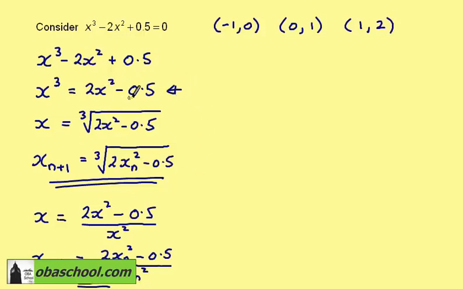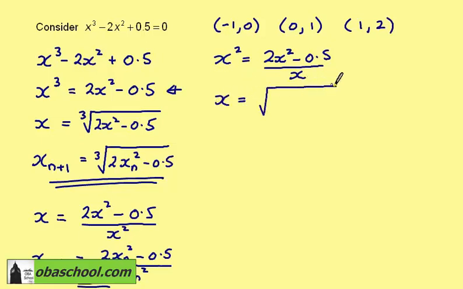Starting again from this same point, we could, instead of dividing through by x squared, divide both sides by x. If we do this, we get x squared equals 2x squared minus 0.5 divided by x. And we could then square root both sides, giving x is the square root of 2x squared minus 0.5 over x.